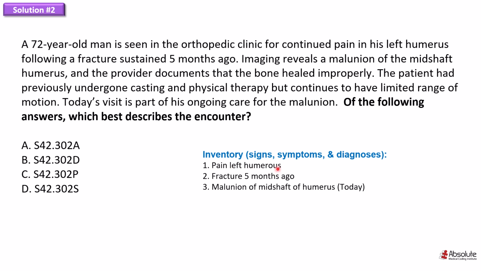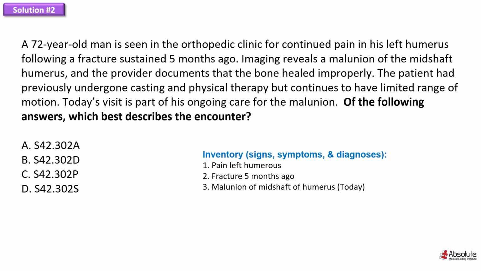Pain in the left humerus, fracture sustained 5 months ago, and this is a malunion. The imaging reveals that a malunion of the mid shaft of humerus is present. So this patient has a malunion fracture. And what is that? We're going to learn in a moment.